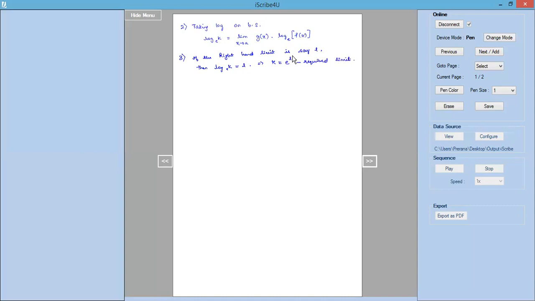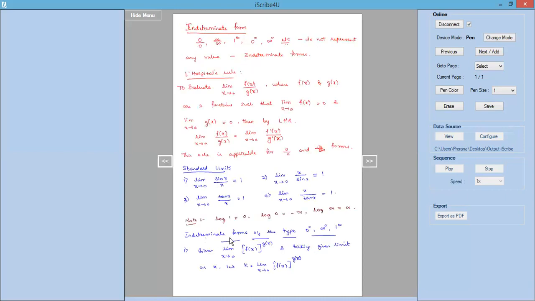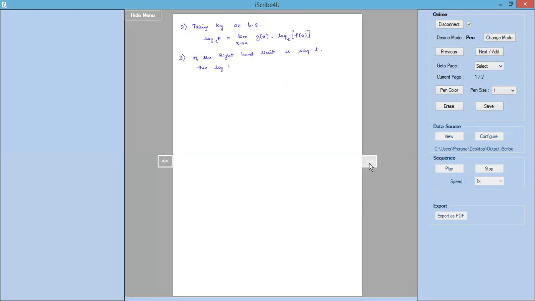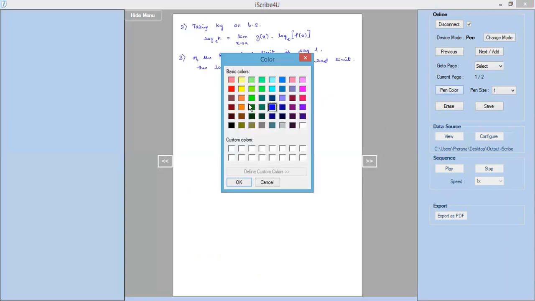So this is the working procedure to obtain limits of the indeterminate forms of the type 0 power 0, infinity power 0, and 1 power infinity. These are the standard types which we are going to talk about while doing problems. So now let us move on to the problems part.